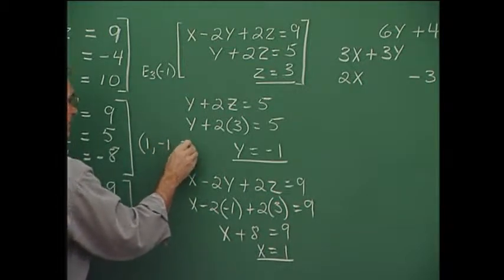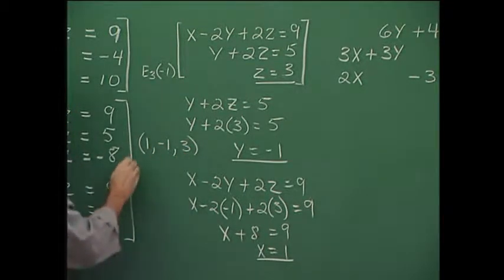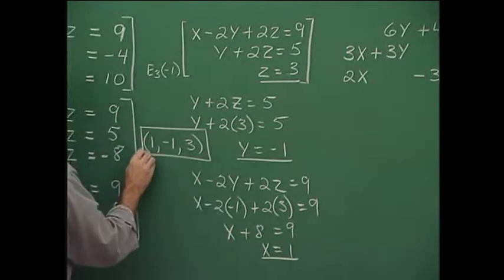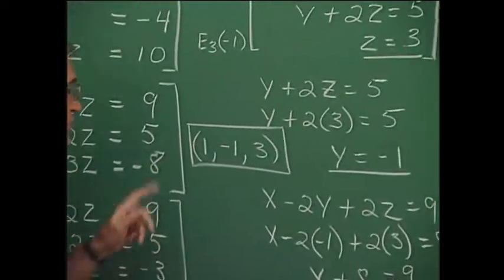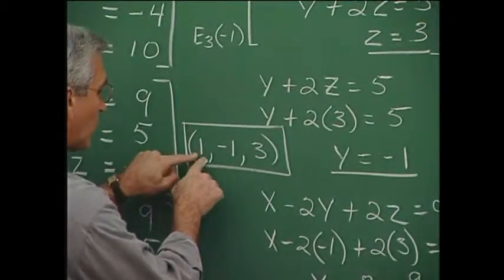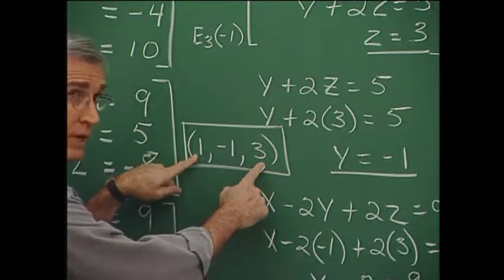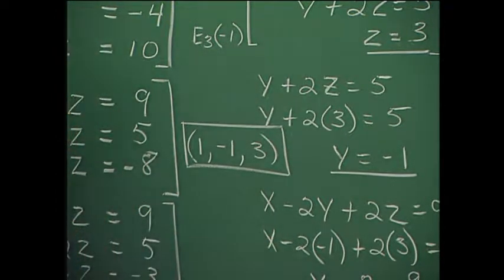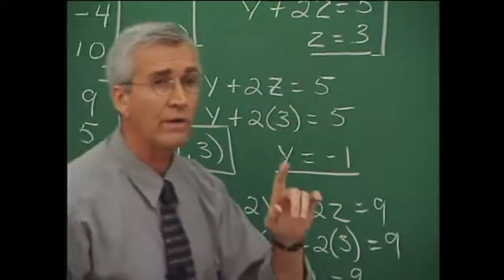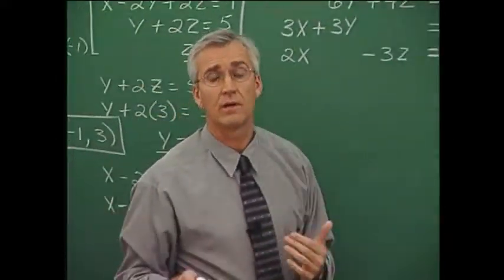2 times 0 is 0 plus 0 is 0. You see, so here's where the action is. 2 times row 2, that's 2 times negative 1 is negative 2. Negative 2 plus 3 is 1. Now look at what this says. If we go to the equation format, we have 1x plus no y's plus no z's equals 1. That just says x equals 1.